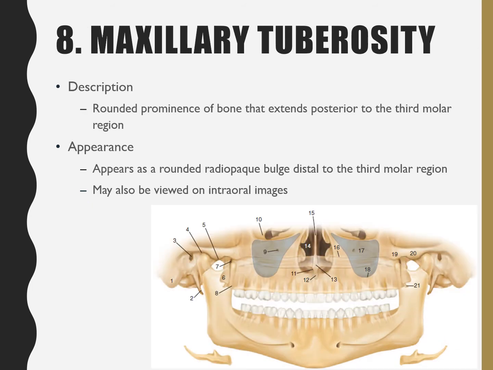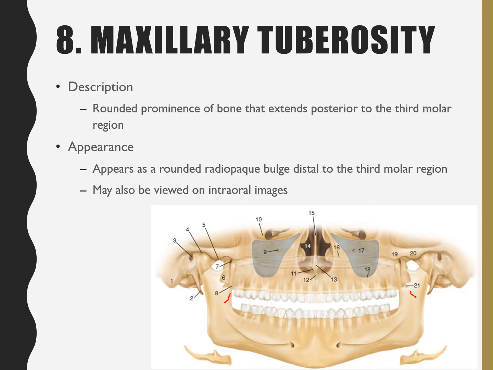Number 8 is the maxillary tuberosity. And this one is on a panoramic. It's kind of hard to distinguish between the maxillary tuberosity and the hamulus, right? So number 8 over here is the maxillary tuberosity, and the hamulus is over here on number 21. So don't get those confused. It is a rounded prominence of bone that extends posterior to the third molar region.